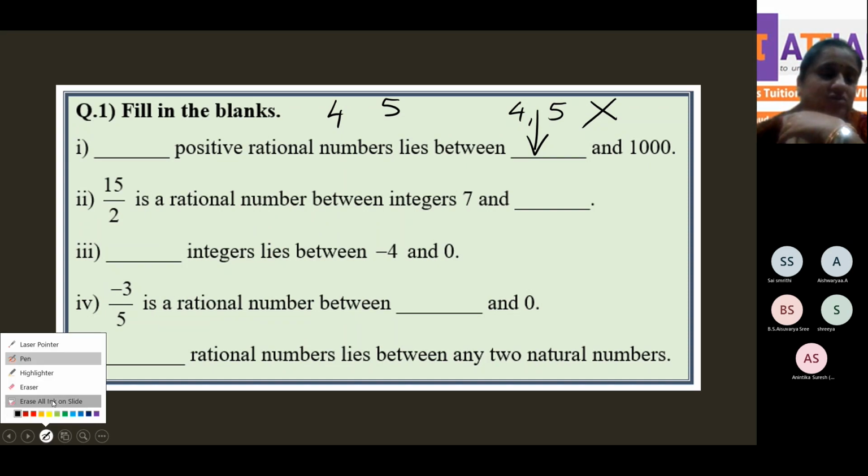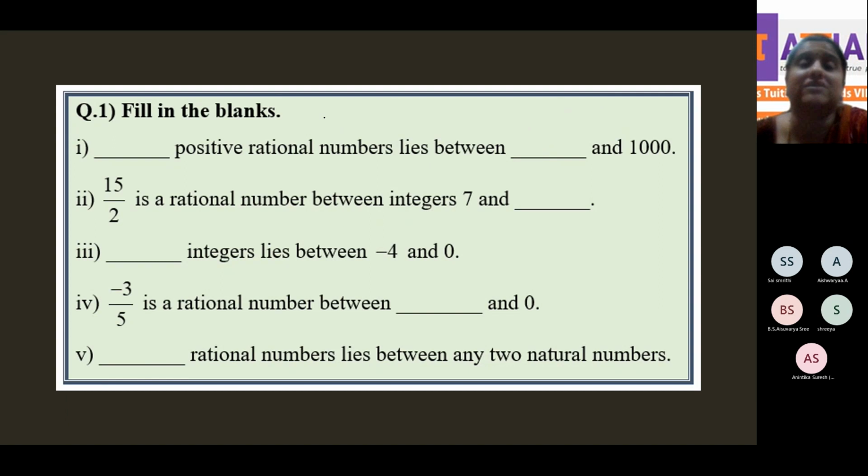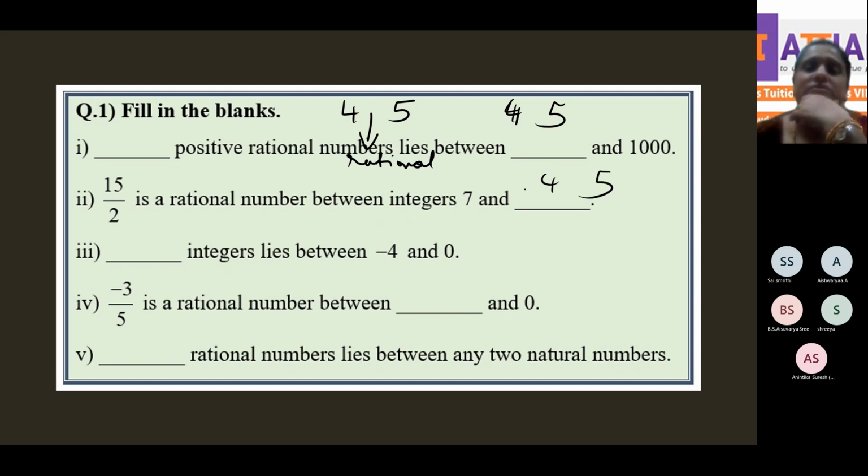See, what we just understood is there are infinitely many rationals between 4 and 5. That means fractions, p by q forms. But there is no natural number between 4 and 5. There is no integer between 4 and 5. The integer after 4 is 5.